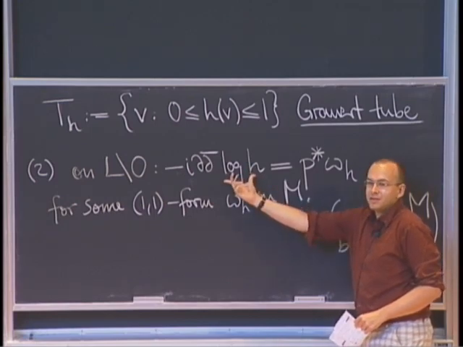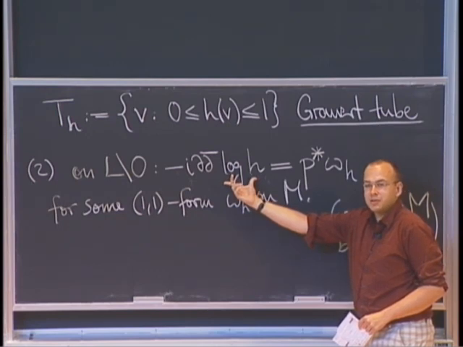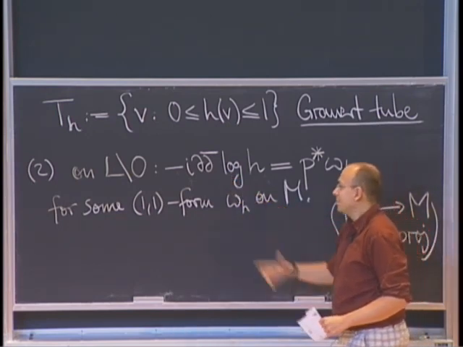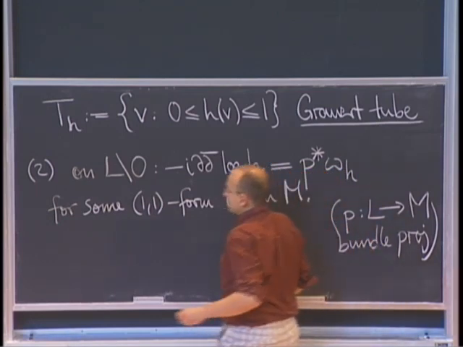Whereas this i ∂∂̄ log H up here that lives on the total space is exact by definition. Then omega H, that's the curvature form.